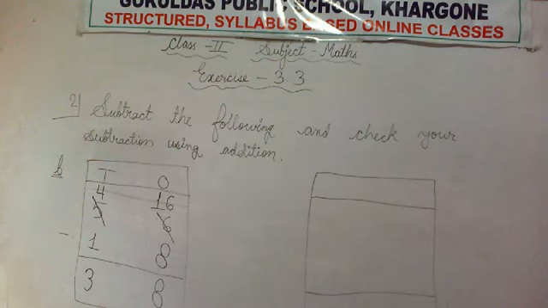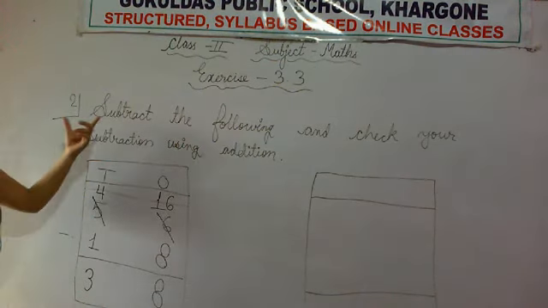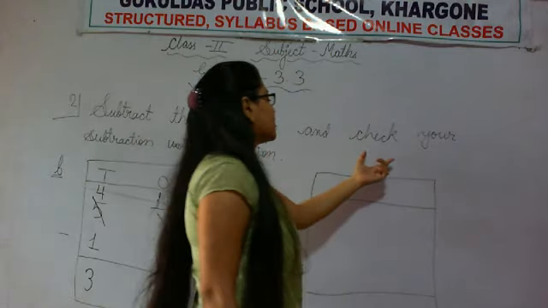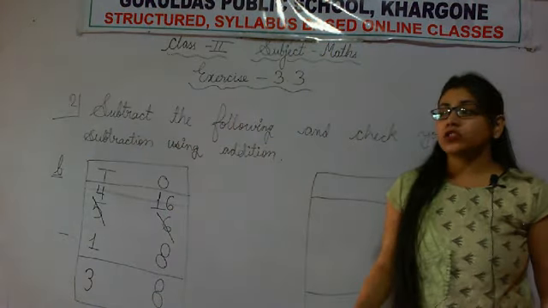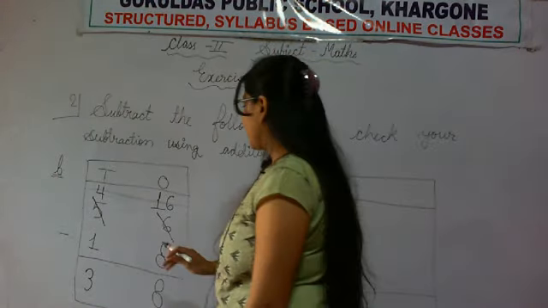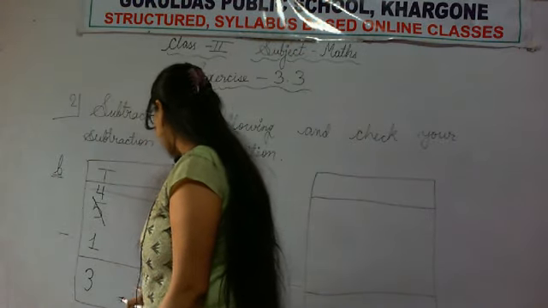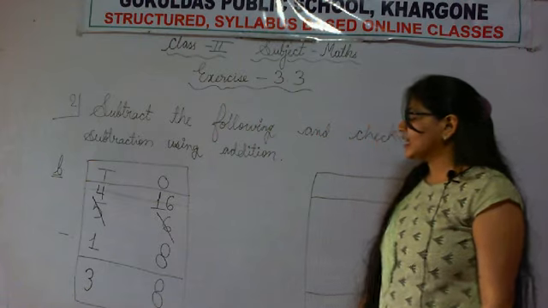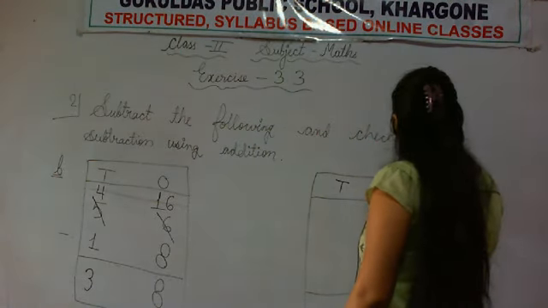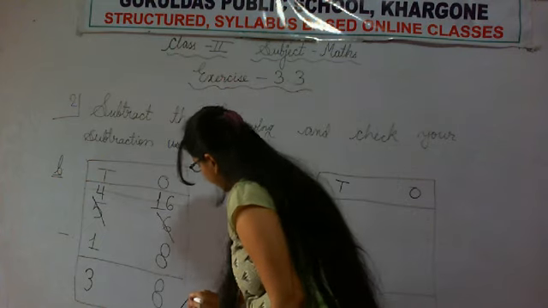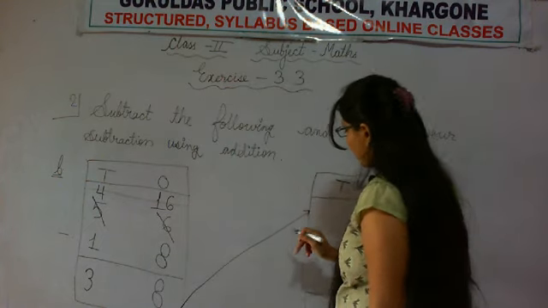Now we had performed the subtraction. Now what will be the next step? Subtract the following and check your subtraction. So now we have to check our subtraction. 56 minus 18 is equal to 38. So how do we check? We write our difference as the first term or first addend.